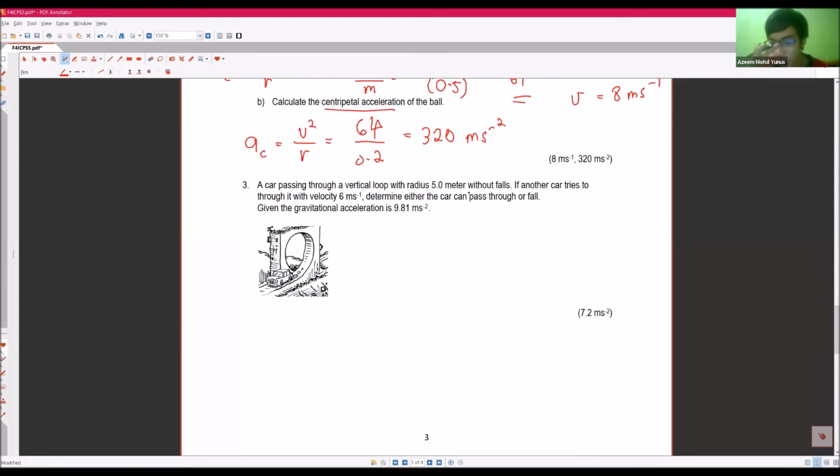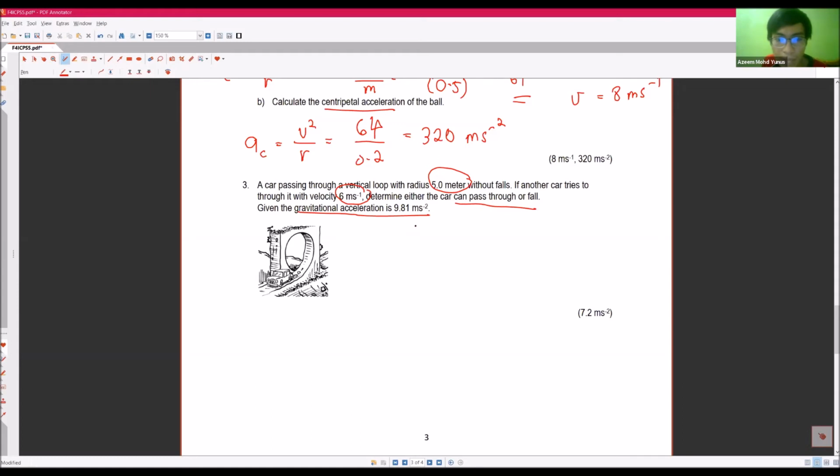Okay, the next question. A car passes through a vertical loop with radius 5.0 meter without falling. If another car tries to go through it with velocity 6 meter per second, determine whether the car can pass through or fall, given that gravitational acceleration is 9.81 meter per second square.